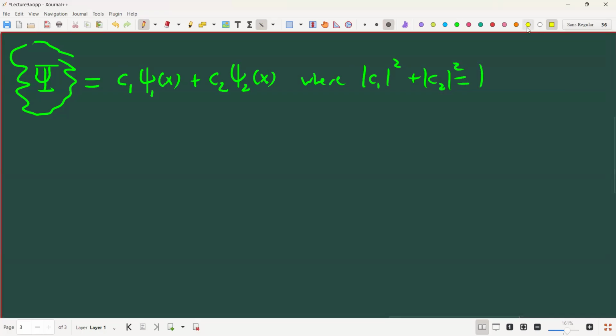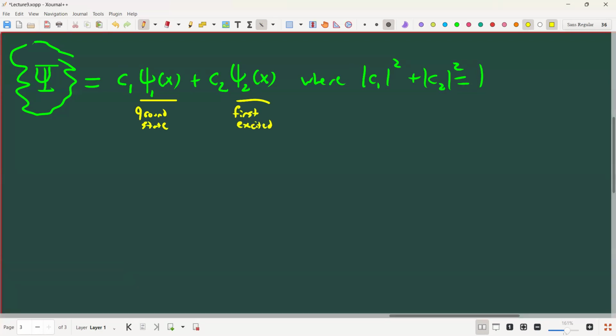Again, this is the ground state of the particle in a box, and this is the first excited state. We're just going to look at two levels, just two of the infinite levels of the particle in a box. We can do it for all of them if we want, but let's just focus on two.